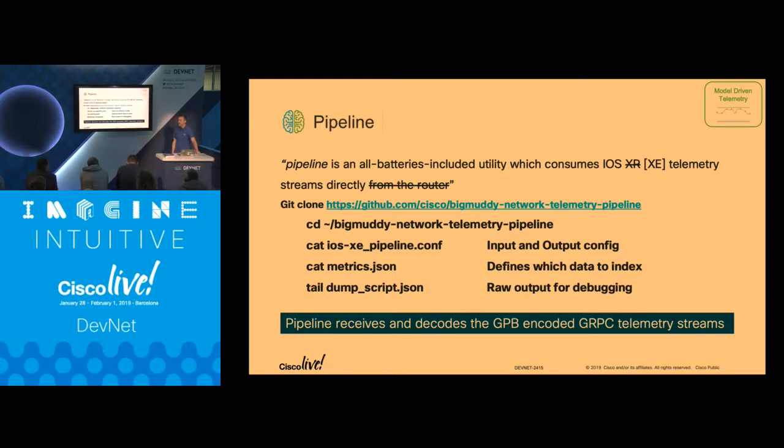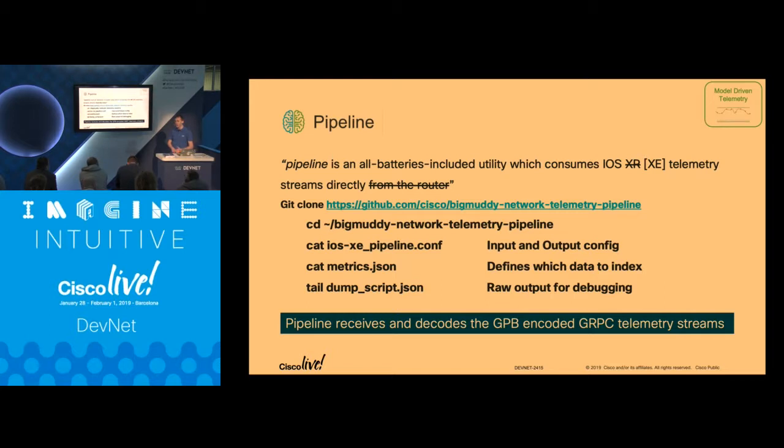For Pipeline, there's a couple configuration files, specifically the Pipeline configuration. So this is where we say what port we listen on, and what protocol, and what encapsulation we're expecting to be receiving from the XE device. So in this example, it's gRPC, and we're using GPB, Google Protobuf encoding. So this is a binary encoding protocol. It's very lightweight.